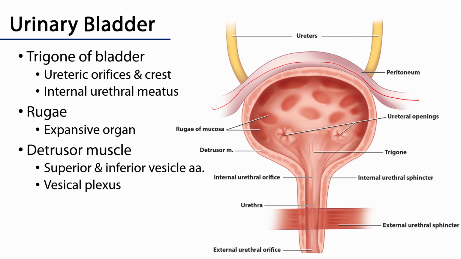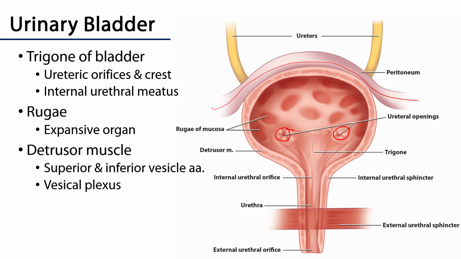When we look at the base of the bladder, so this is a view of the bladder from the anterior to the posterior, that base of the bladder, or the posterior wall, is going to have two ureteric orifices where the ureters enter.